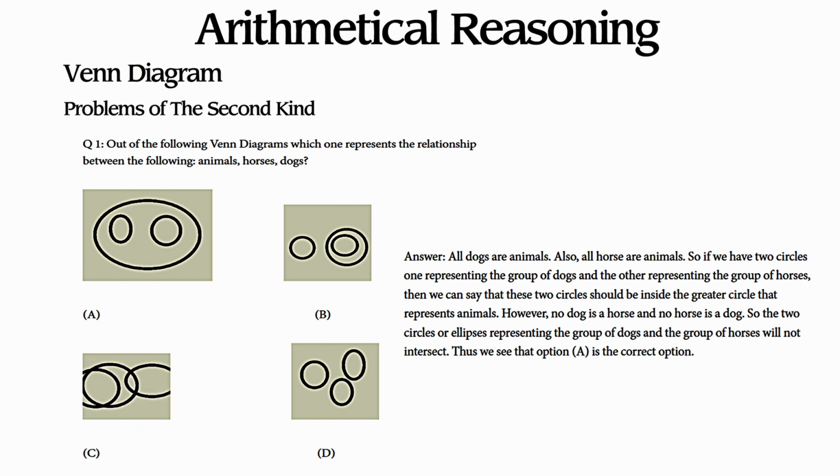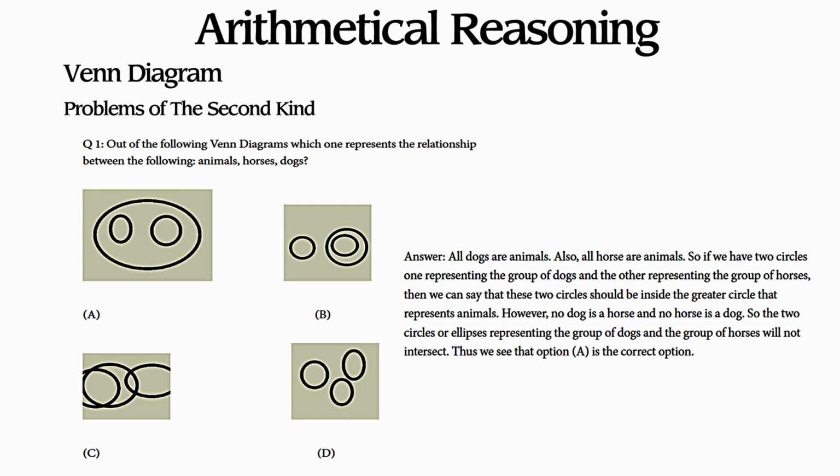All the dogs are animals. Also, all horses are animals. So, if we have 2 circles, one representing the group of dogs and the other representing the group of horses, then we can say that these 2 circles should be inside the greater circle that represents animals.